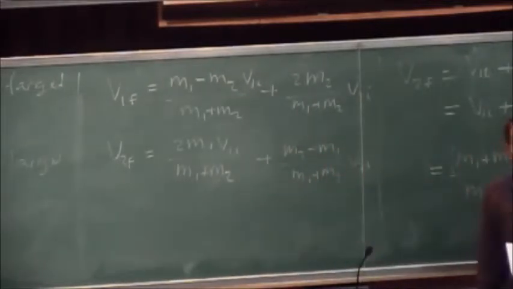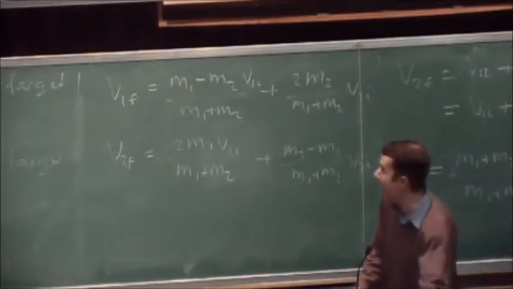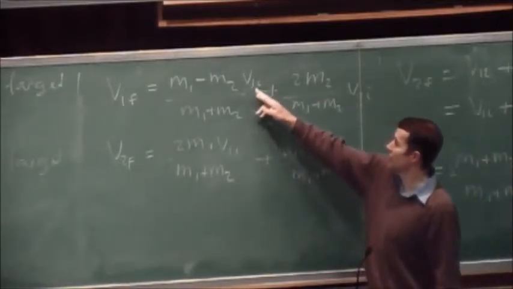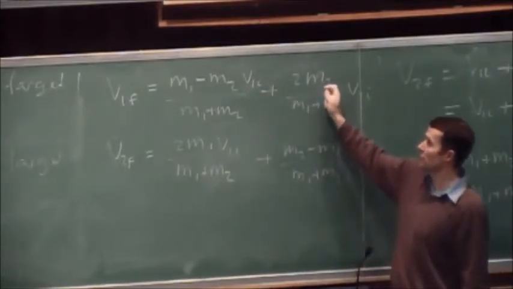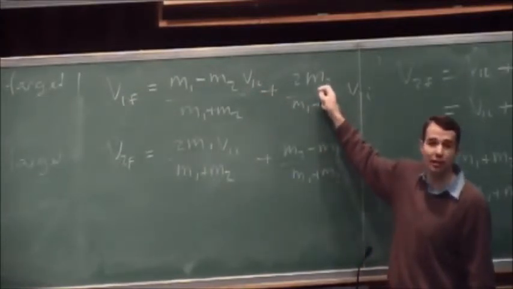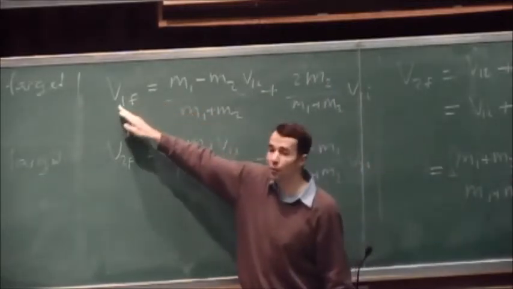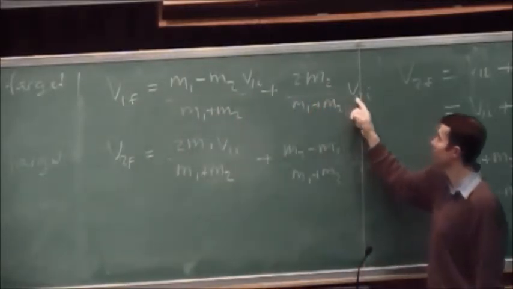Now that's kind of what you would expect, right? Had the initial velocity of ball 1 been 0, this would have been what you would have expected for the final velocity of ball 1 if ball 2 had been moving.